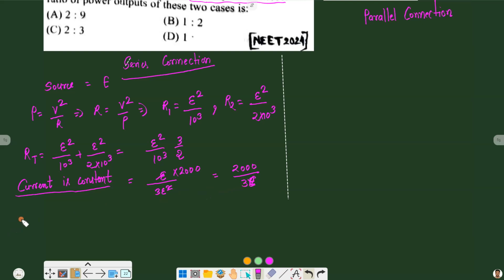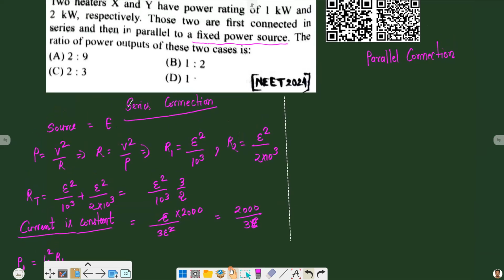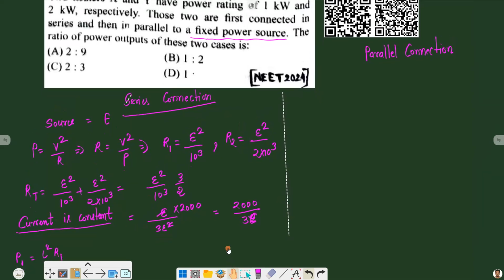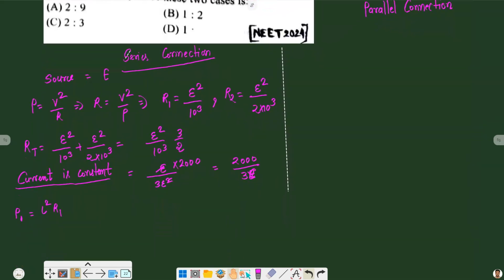Now coming to the power. Px, the power of the first heater X, will be I square times R1, that is resistance.